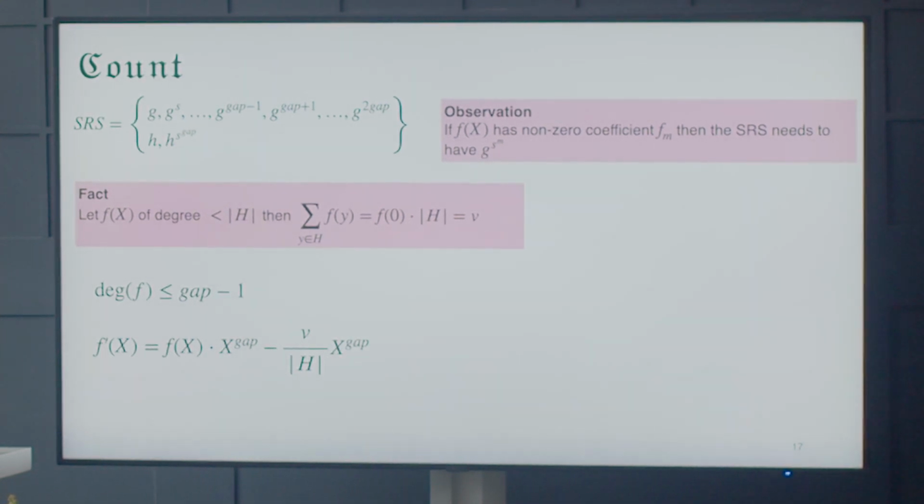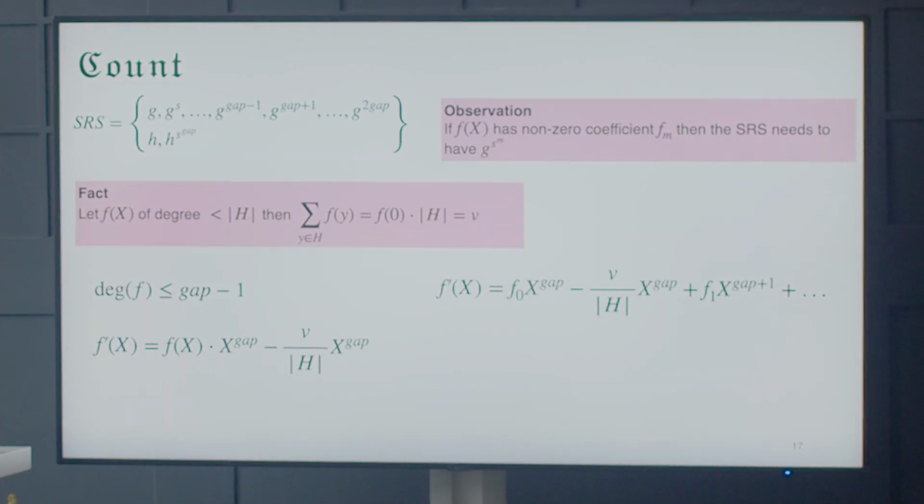It doesn't look very nice, but let me say a bit more about it. It starts with x^gap, because we shifted everything by x^gap. Then at the first coefficient we have f_0 minus v divided by |H|, times x^gap. So for the prover to be able to commit to such a polynomial, we need this value to cancel out to zero.